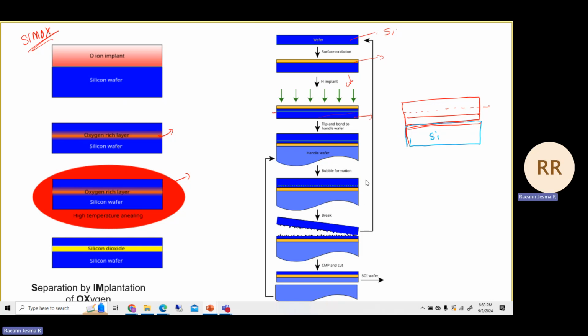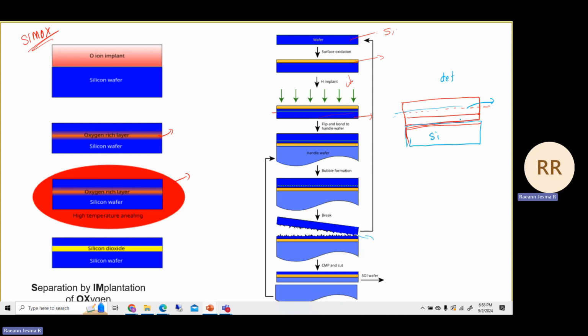Due to the ion implantation, there will be bubble formation or defect formation at the region where the hydrogen ion implant has happened. In those regions the silicon wafer will start to break because of the lot of defects along this particular line.